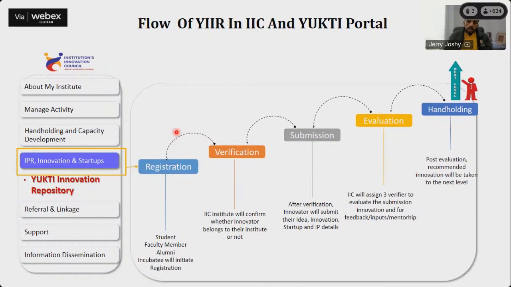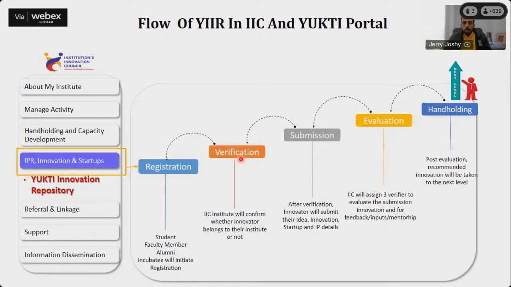So let me first introduce you to the flow of the Yukti Innovation and IP repository through the IIC as well as the Yukti portal. Basically we have two portals. One is the IIC portal, which the institutions access, and we also have the Yukti portal, which I'll be sharing soon. First, the registration will take place. Students, faculties, alumni or incubators can initiate the registration. Following the registration, the institution will verify it inside their IIC portal.